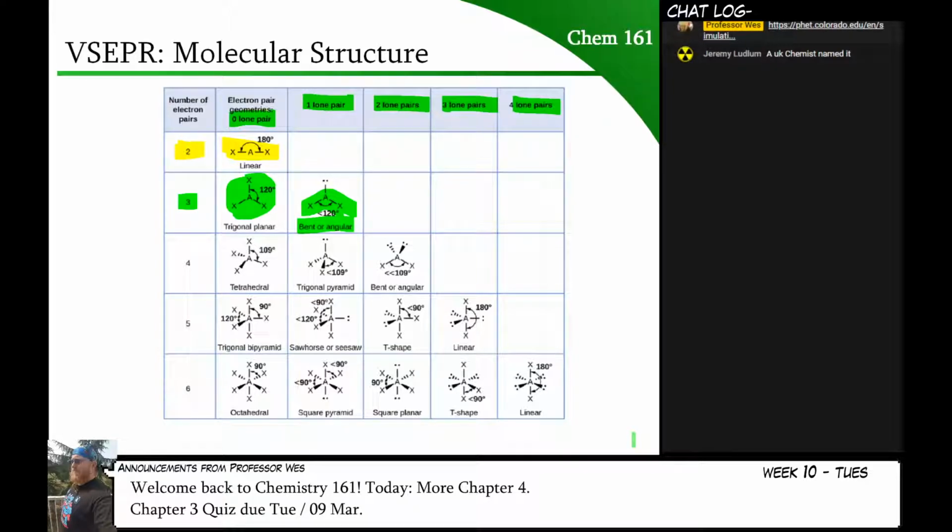In fact, if I want to make it simpler, we'll just do this. The electron pair geometry will be, so if it's 2, it's linear. 3 is trigonal planar, 4 is tetrahedral.